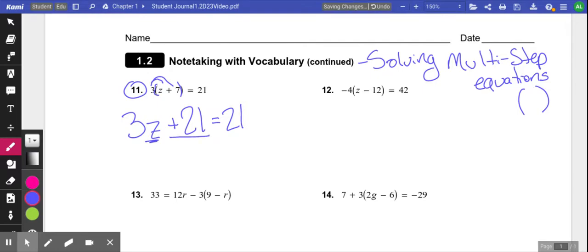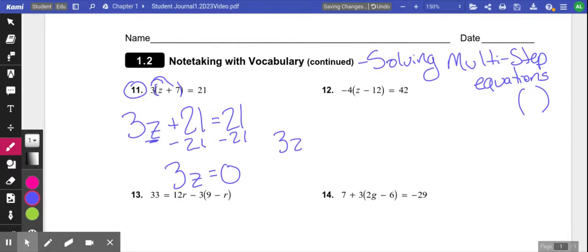We're adding right now, so our inverse operation is subtraction. I'm going to subtract 21. I've got to do that to both sides, so subtract 21 here as well. I've got 3z is equal to, and this actually canceled out here too, so I've got 3z is equal to 0.